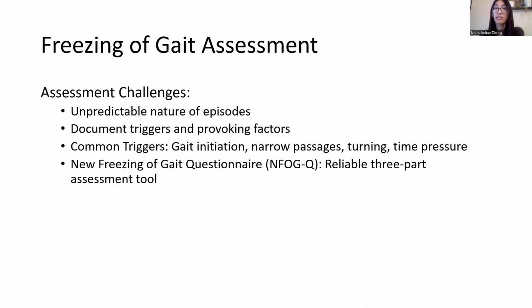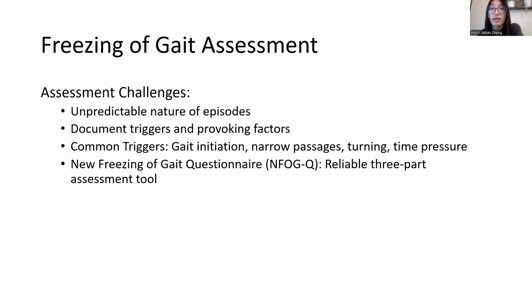Assessing freezing of gait presents unique challenges because of its unpredictable nature. We need to document triggers and provoking factors carefully. Common triggers include gait initiation, walking through narrow passages or doorways, turning in tight spaces, especially the ones in the turning direction, and situations involving time pressure or increased cognitive load.